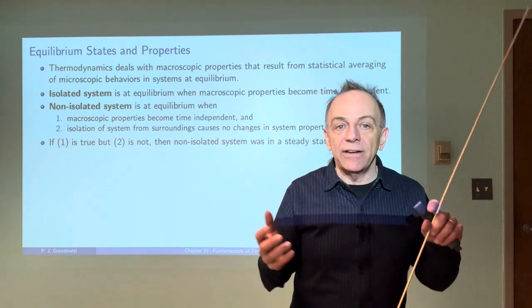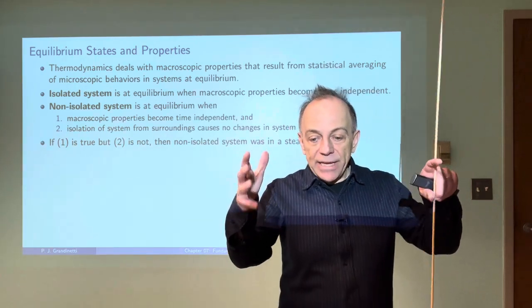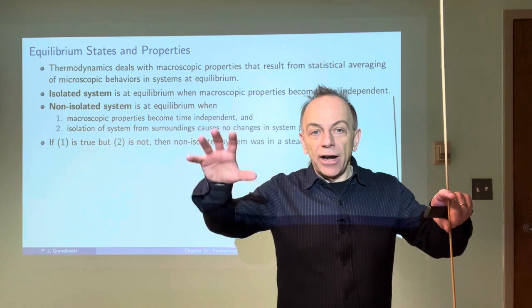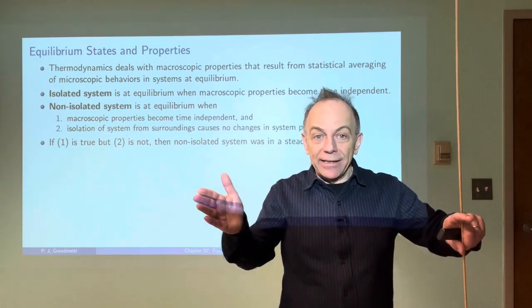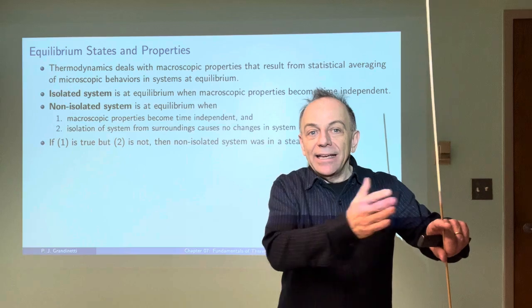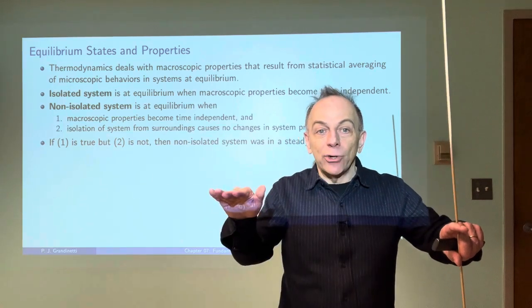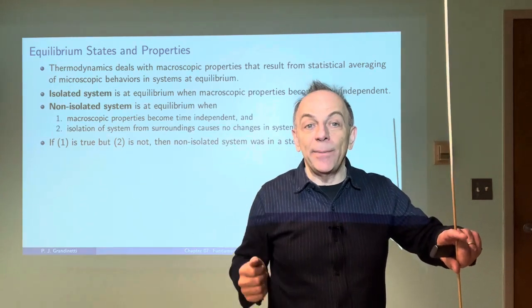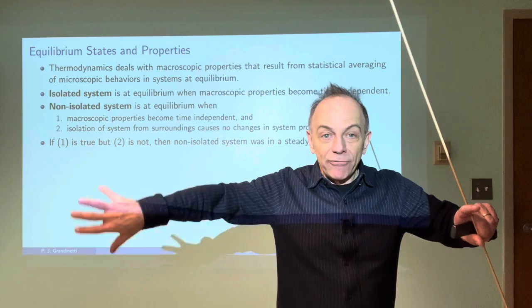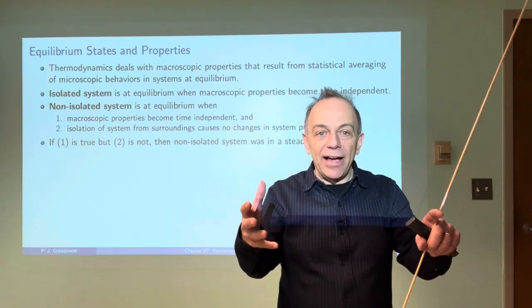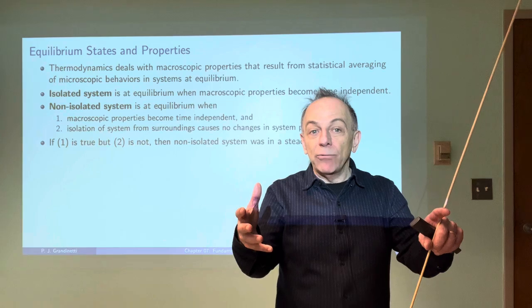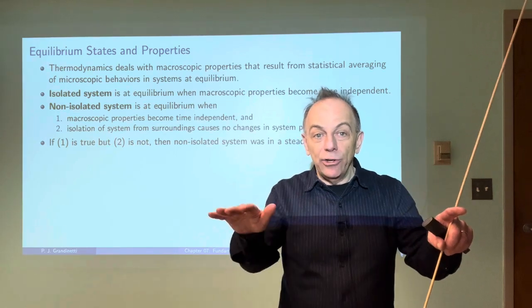You can imagine a piece of metal that has one end on a hot plate and another end on a piece of ice. There would be a temperature gradient, and over time it might become a constant temperature gradient, and its properties would look time independent. But if you separated it from the hot plate and the big piece of ice, the temperature gradient would start to go away and it would become a uniform temperature.